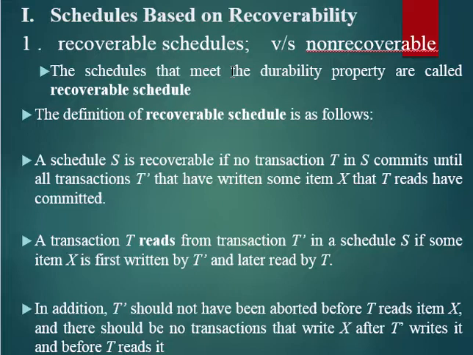Suppose you have a particular transaction TA which reads some data item which is already updated by other transactions like TB or TC. Then TA reads after they updated the value, and the principle says that TA can commit only after the other transactions like TB, TC, TD have committed.